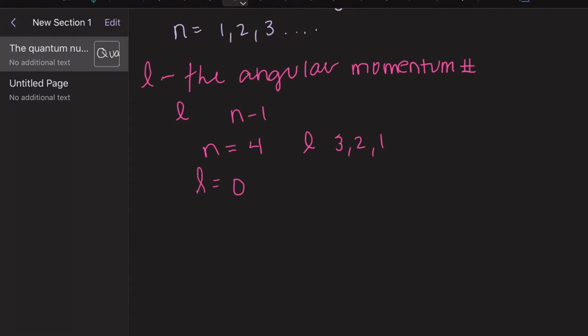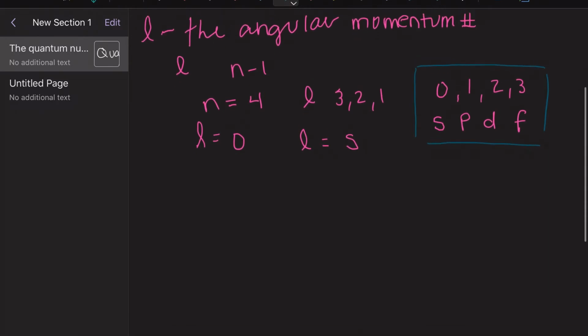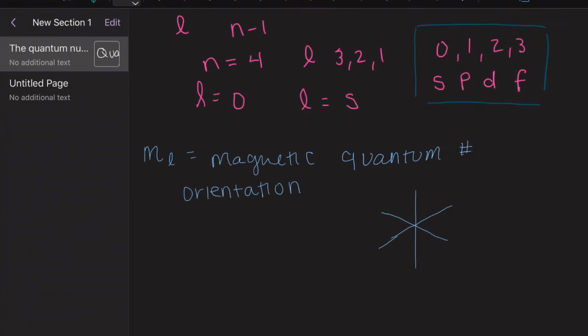So instead of saying 0 is L, we say that L is S. So we have 0, 1, 2, and 3 as our most common values of L. And we signify those as S, P, D, and F. This will come in handy when you're writing electron configurations later in this course.